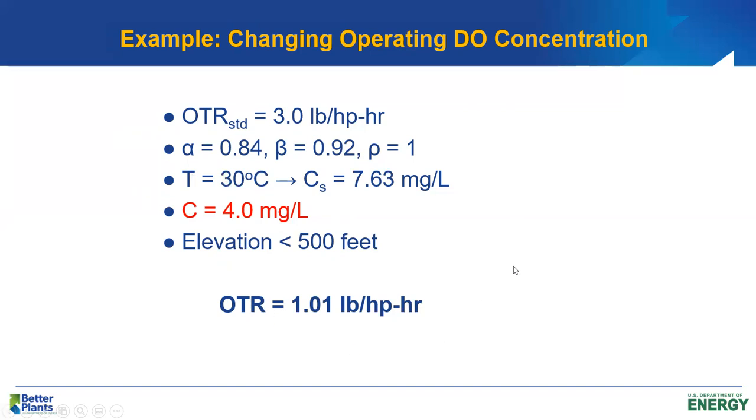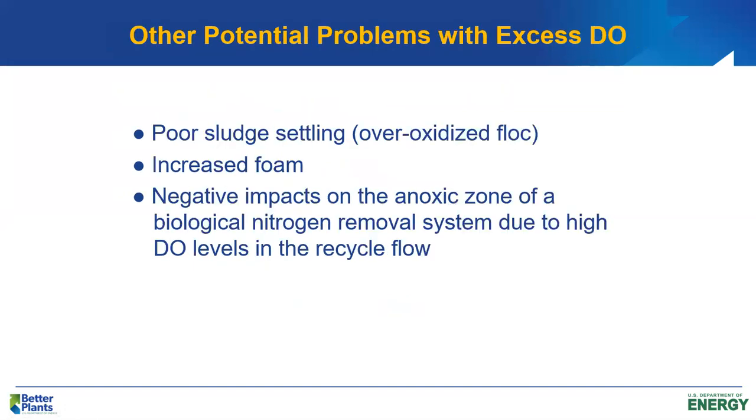So simply increasing the operating DO concentration from 2 milligram per liter to 4 milligram per liter, we have in effect reduced the efficiency of our aeration equipment about 40%. So that's why when we optimize our aeration system, we want to make sure that we operate at as low a DO concentration as possible, because that's going to enhance the efficiency of our aeration equipment.